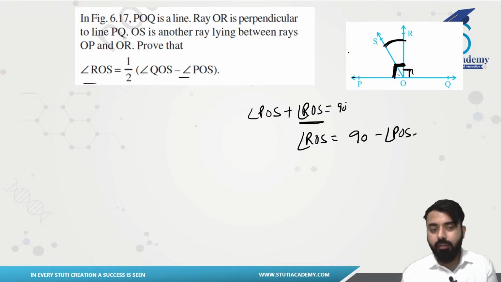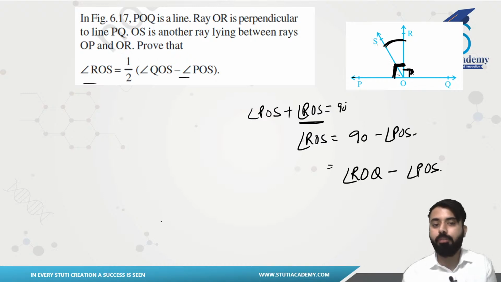Now, I know this is 90, so in place of 90, I can write angle ROQ minus angle POS, right? This is 90, so the name of that angle is angle ROQ. That is the same as angle ROS, right? So if I add ROS here and add ROS here, what do I get?